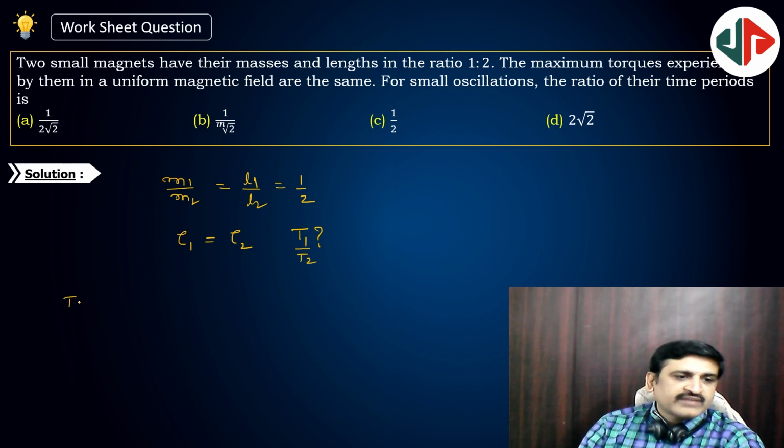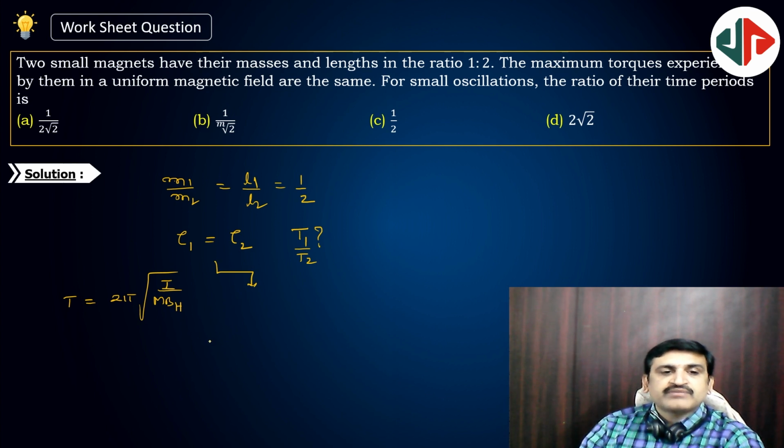What we have, time period formula T equal to 2 pi root I by M BH. This is the formula. Torques are equal. So what kind of relation we can establish with torques? Torque is equal to MB sin theta.